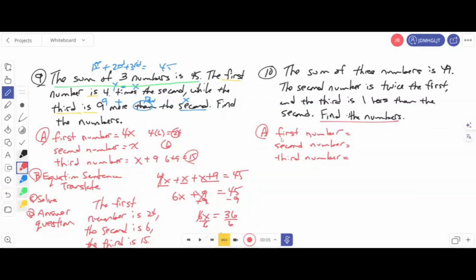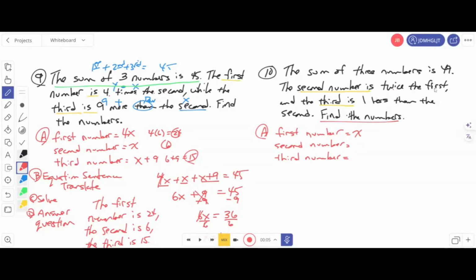I would like to have a sentence that says, or a phrase that says first number is, a phrase that says second number is, a phrase that says third number is. Well, I have second number is, I have third is. It did not say one thing about first, so the first is X.